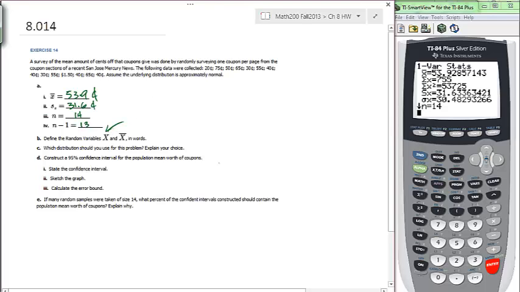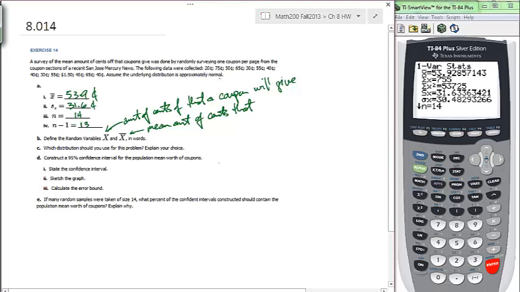So x is going to be the amount of cents off that a coupon will give, whereas x bar would be the mean amount of cents that, in this case, specifically 14 coupons give.